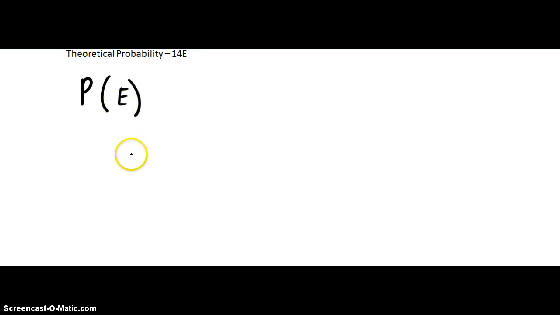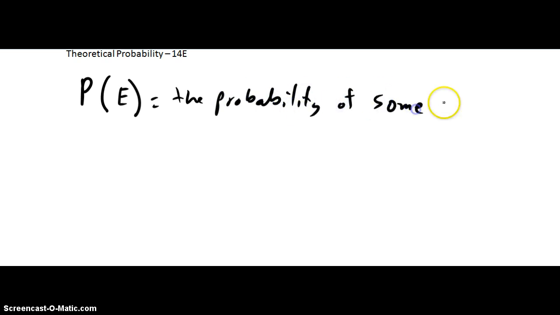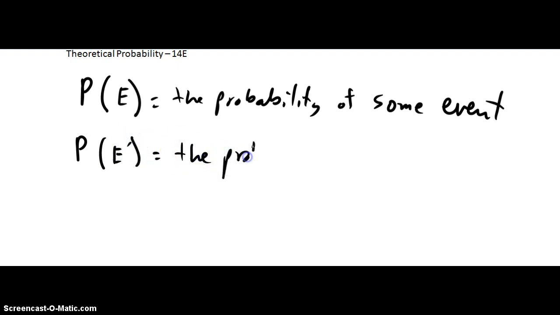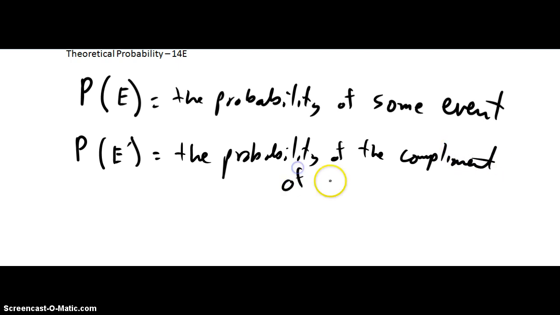Now, if we know the event is either going to happen or not happen, then we also have P of the complement of E, the probability of the complement of E.